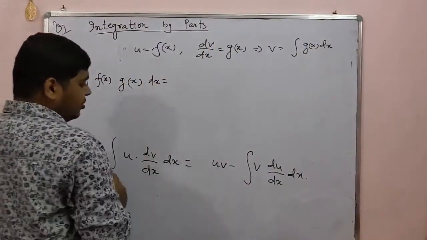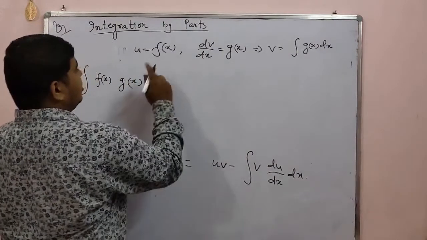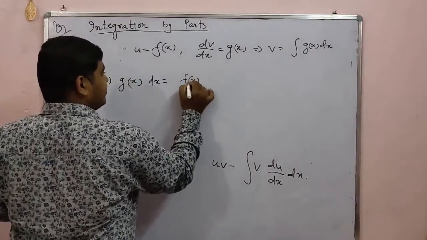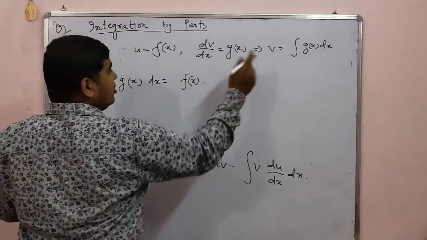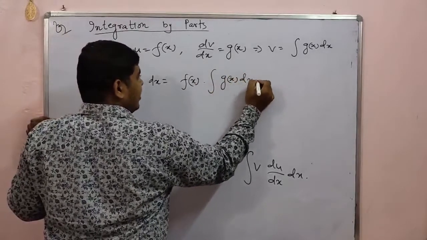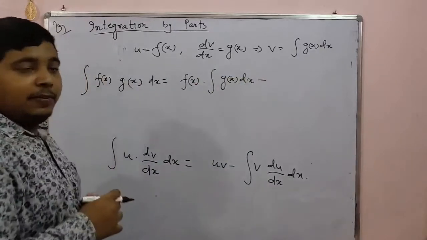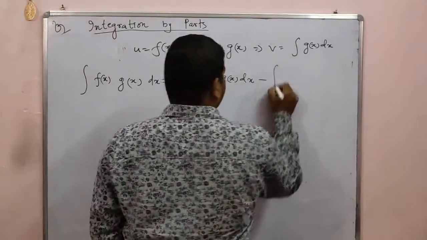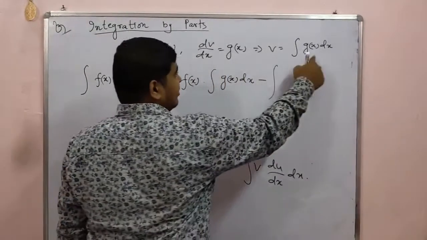Now this is equal to u into v, where u is f of x and v is the integration of g of x dx, minus the integration of du by dx into v.